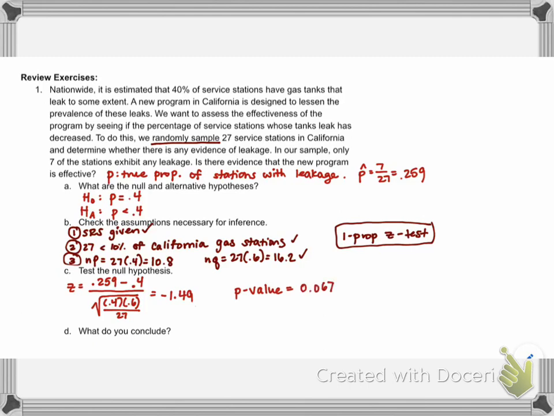Then when I am finding a p-value, since I'm doing a left-tailed test, what you type into your calculator is normalcdf from negative 1,000 to negative 1.49. And that's what gives you that p-value. Of course, you can also use that stat test menu to do the 1 proportion z-test as well. That'll get you to the same z-score and p-value.